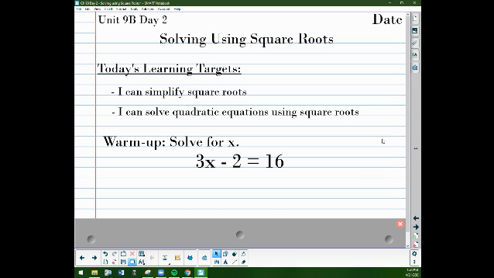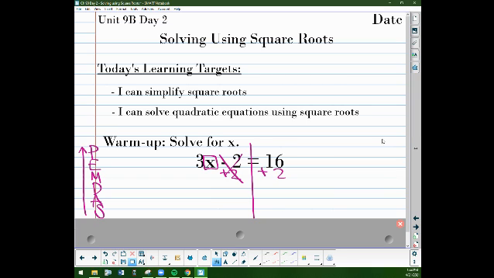Hopefully you paused and you solved for x. If I want to get x all by itself, remember I do reverse PEMDAS, the order of operations. I look to see if there's anything that I can add or subtract away. I've got minus 2, so I'm going to add 2 to both sides so that goes away.